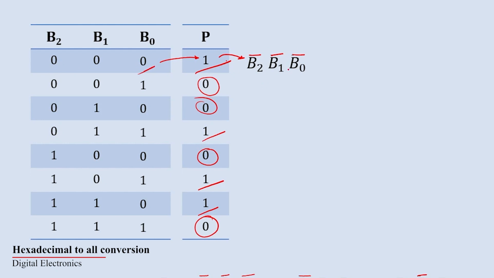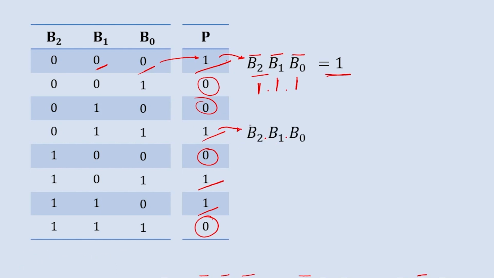When B0 is 0, B0 bar will be 1. When B1 is 0, B1 bar will be 1. When B2 is 0, B2 bar will be 1. So 1 dot 1 dot 1 gives us 1. The same way we'll go for this: B2 bar dot B1 dot B0. You can see a tiny little bar symbol over here.